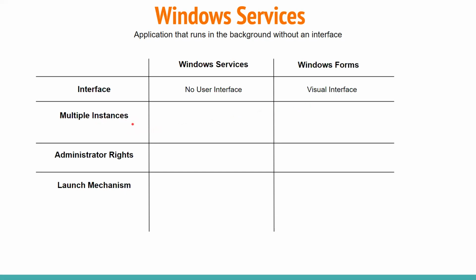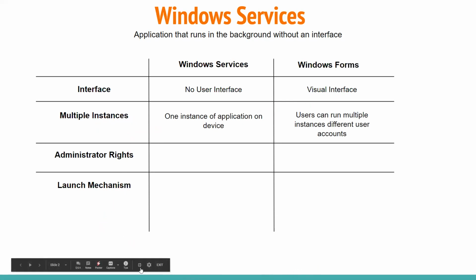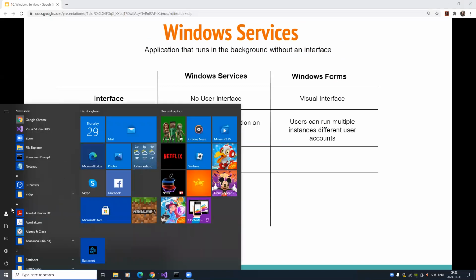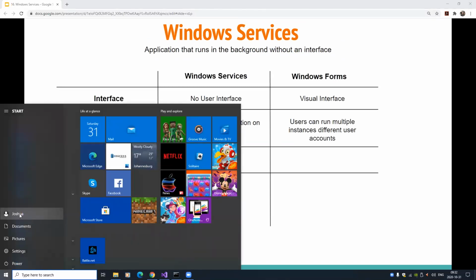The next big difference is in the number of instances that run of these applications. So you can imagine that I could have multiple users on my computer, right? Currently I'm on the user called Joshua, but my gran or my mom or whoever could have their own user accounts on this system as well.